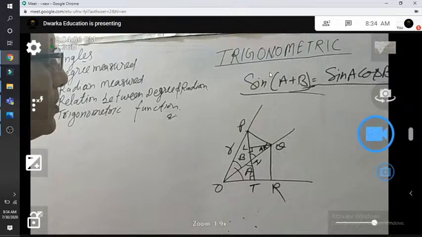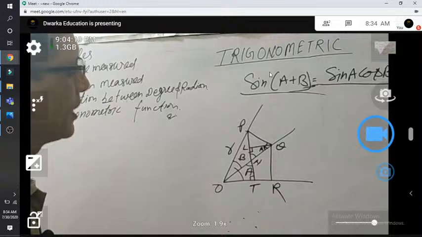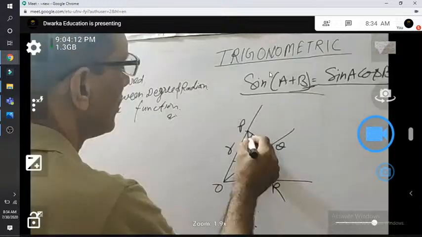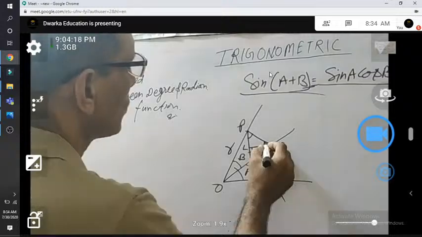We say that in a right angle triangle, if we know this angle and this angle, we find out this angle is equal to this angle.